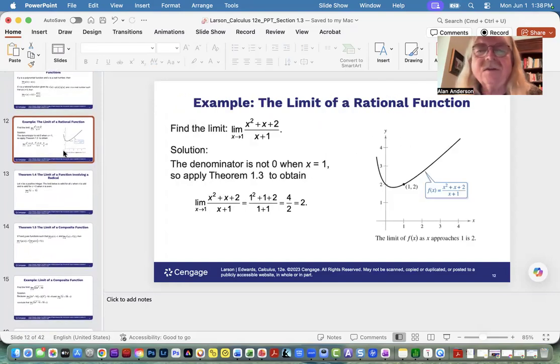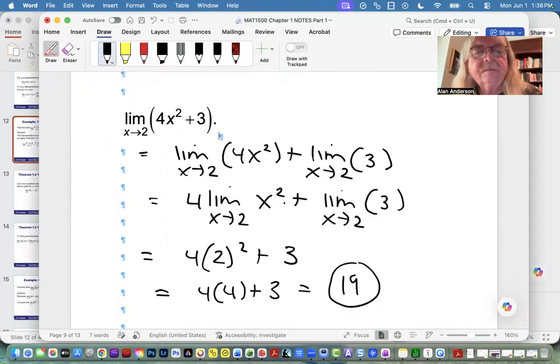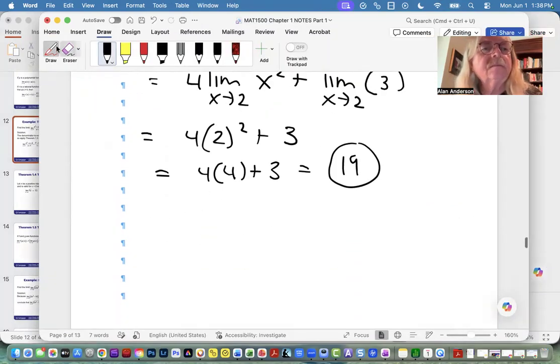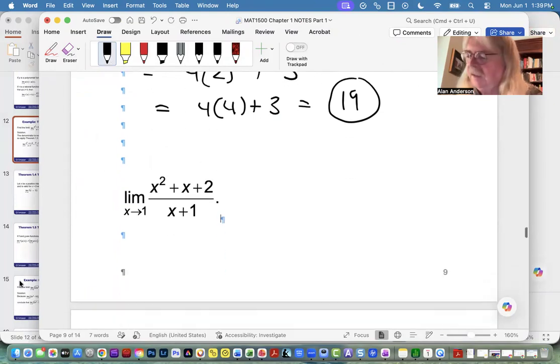Oh, okay, let's try this one. So again, you're just using direct substitution. There's no risk of ending up with division by zero. So we can just go right ahead and plug everything in.